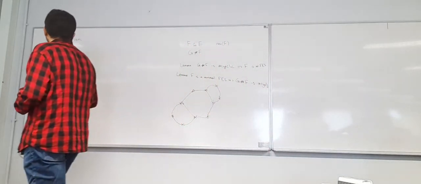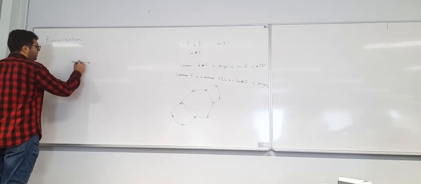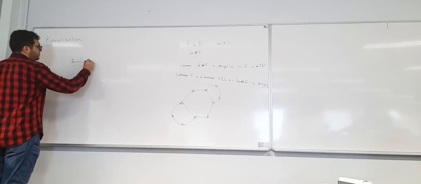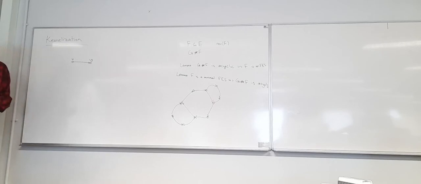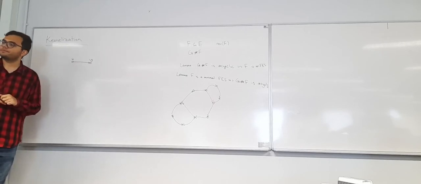If I take some edge of my graph, so let's say I have an edge from vertex U to vertex V, when can I be sure that I have to reverse this edge?